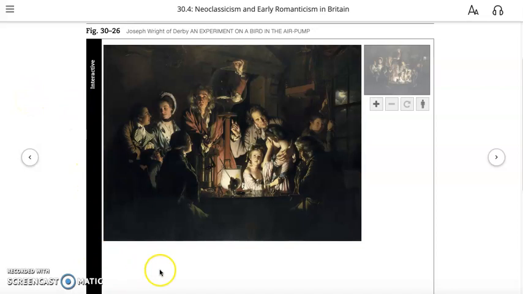So first of all, in terms of social structures, this centers on a scientist performing an experiment for an audience. A scientist is not, by definition, an aristocrat or a worker. A scientist is a middle-class figure who works with industrialists to create new ways of making, doing, and understanding the world.